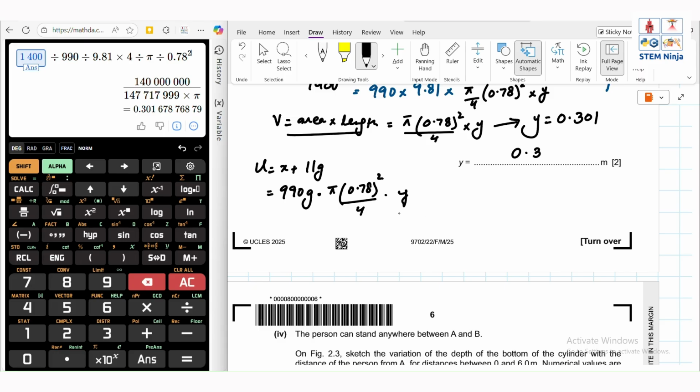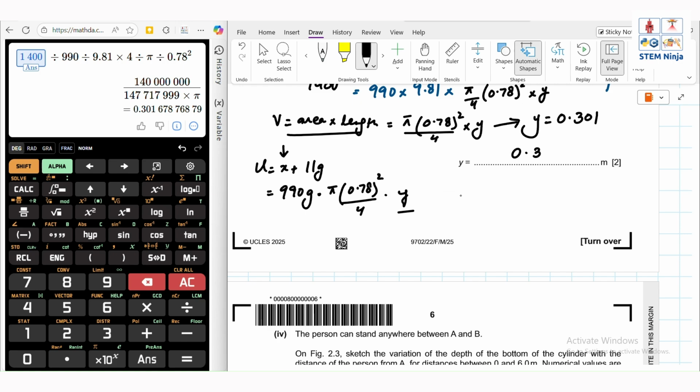Now, as you can see, y depends on x, so you just equate these together. So y depends on x linearly. It's not a proportional relationship, but it's still a straight line relationship.